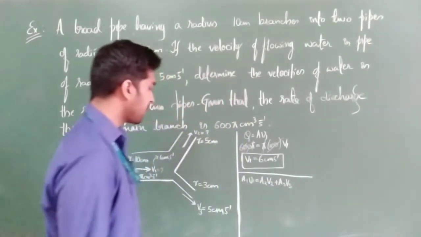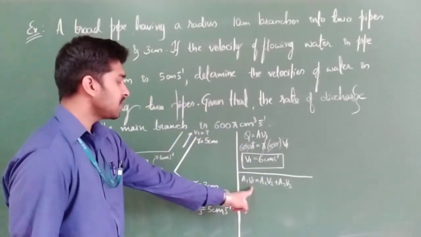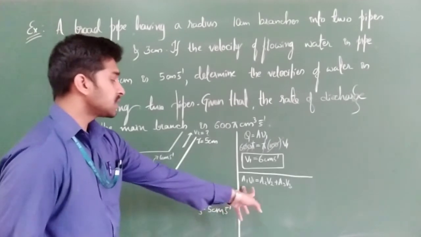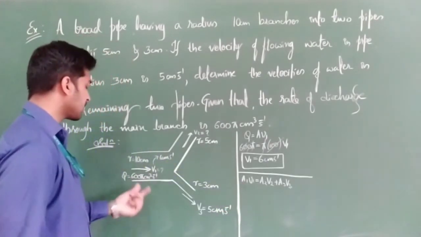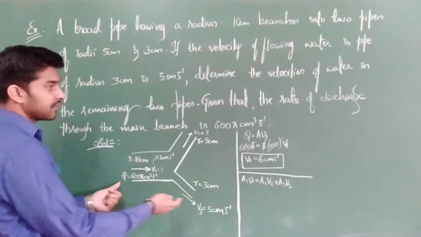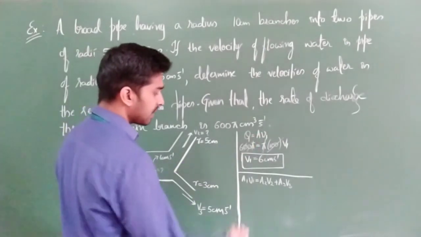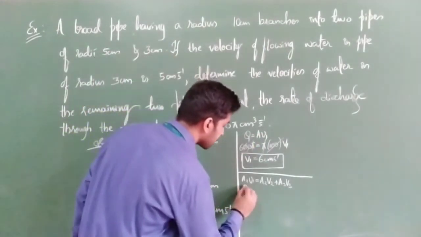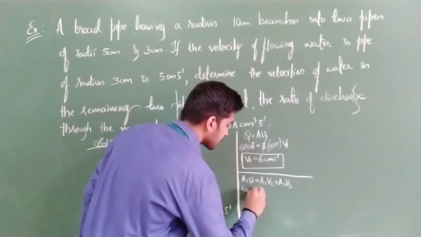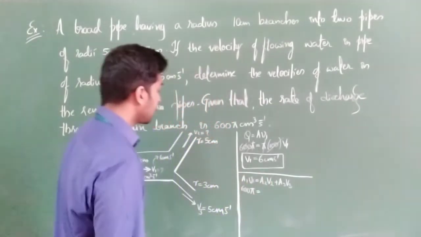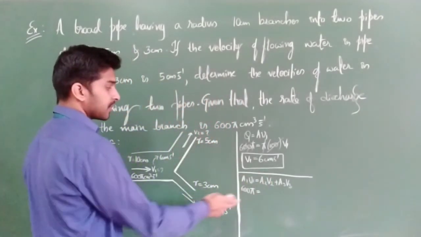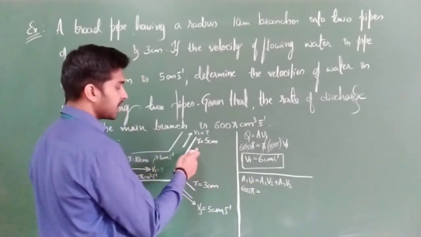Now substitute the values. A1 V1 is directly given, which is nothing but 600 pi. This Q is nothing but A1 V1 only, so we can directly write 600 pi should be equal to, we are calculating for V2, A2 V2. First of all, write A2 as pi r square.